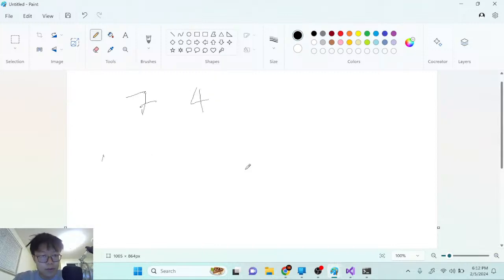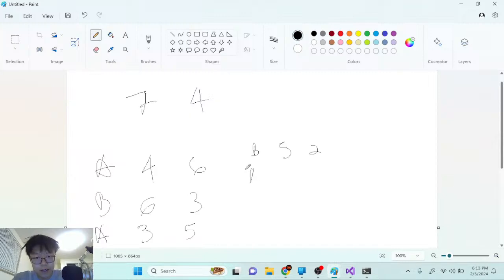So minus 1, Alice's turn, minus 1, 6. Swap with 4, 4, 6. Bob's turn, minus 1, 3. Swap with 6, 6, 3. Alice's turn, minus 1, 5. Swap with 5, 3, 5. Bob's turn, minus 1, 2. Swap with 5, 2. Alice's turn, minus 1, 4.